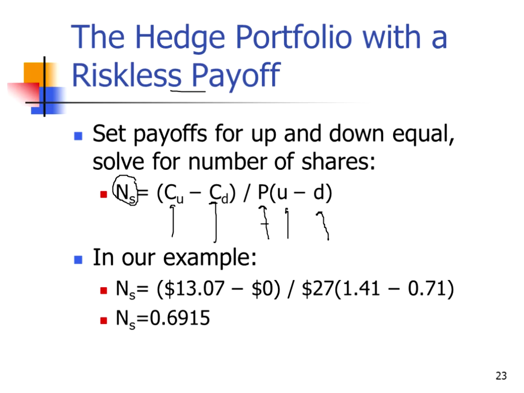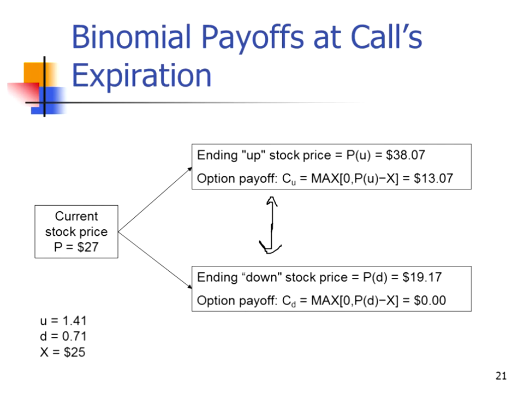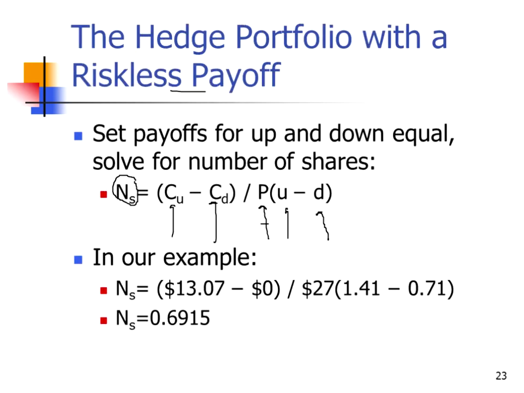So from the information that's been given to us, what is CU? The payoff in case there's an up factor. Remember, we just calculated it was max of 0 comma PU minus X, that's 13.07. So this is CU, right? And CD is 0. So all we need to do is plug in these numbers.